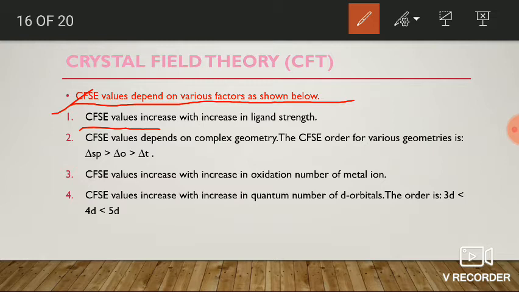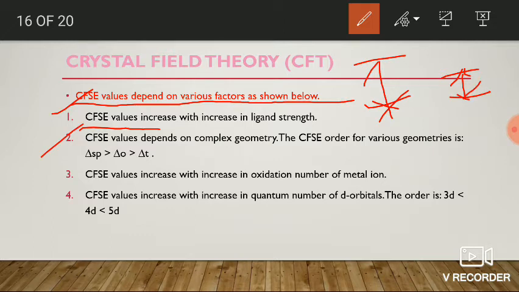If the ligand strength is more, that is a strong field ligand, then there is large splitting and a large energy gap, so automatically the CFSE value is more. If the ligand is weak, the energy gap is small. So here CFSE is more, here CFSE is small.